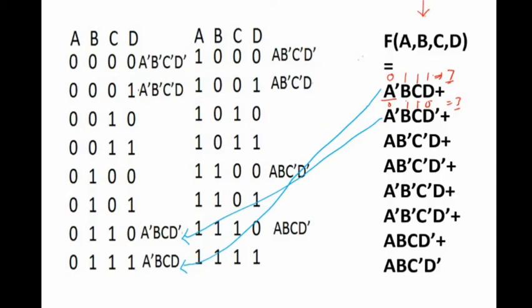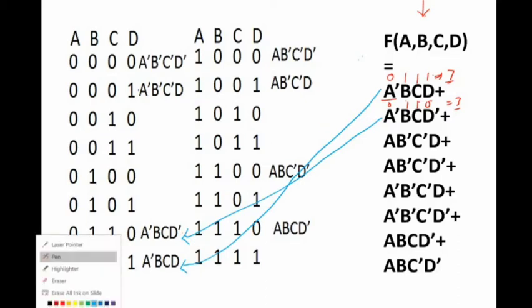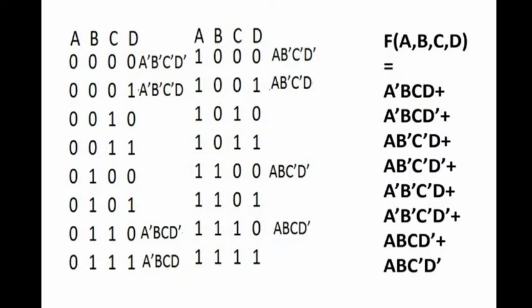Now this equation, A, B bar, C bar, D, is 1, 0, 0, 1. This is this term.